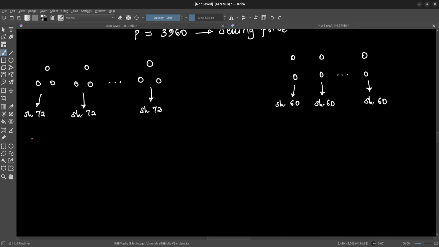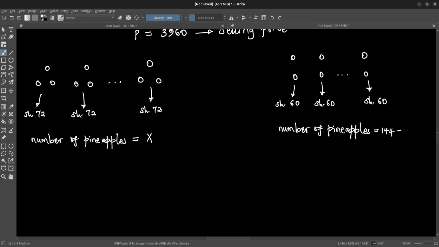So we are going to say the number of pineapples, let's say this is X. This means on the other side, the number of pineapples of the 2 pineapple batches will now be, remember that the total number of pineapples was 144, then 144 minus X, because the 2 batch pineapples plus the 3 batch pineapples should all be 144.